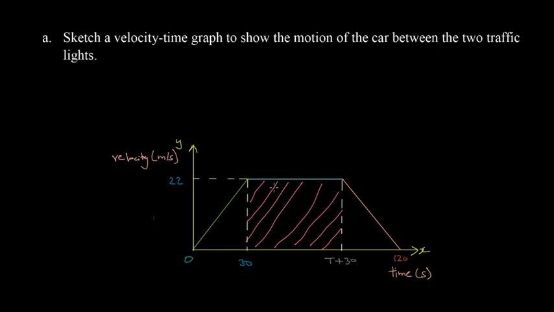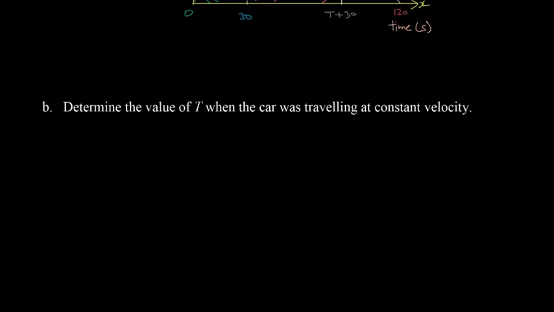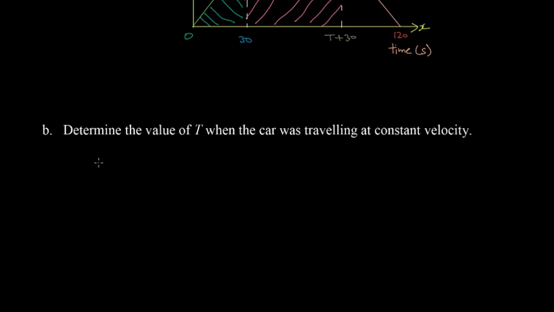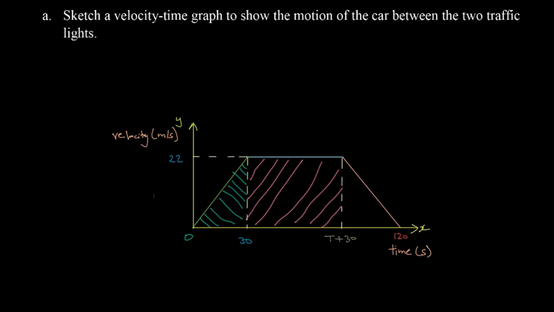So let's consider this section right here. Let's say for the first 30 seconds, we want to know what's the distance covered here. From a velocity time graph, the distance traveled is given by the area under the graph. In this case, for the first 30 seconds, we have a triangle. So we're going to find the area of a triangle.